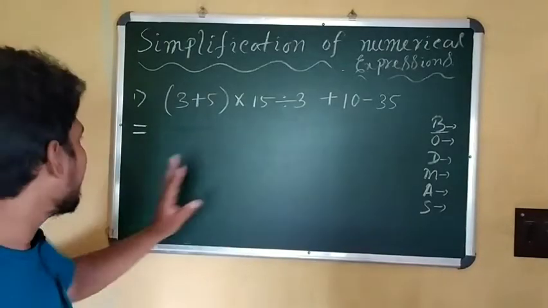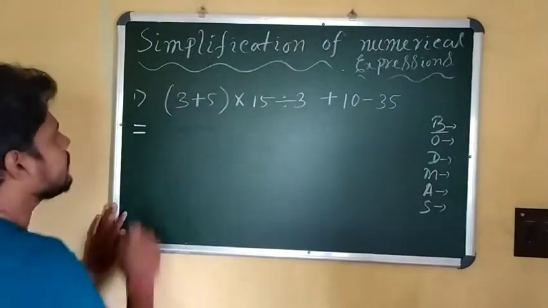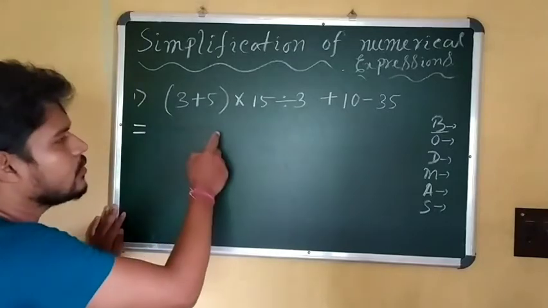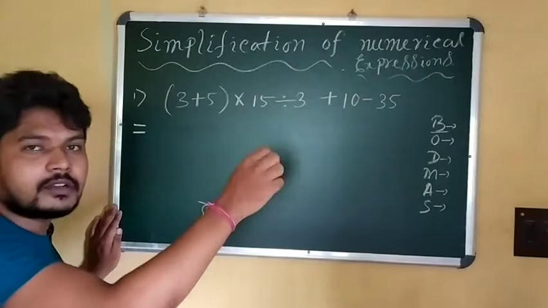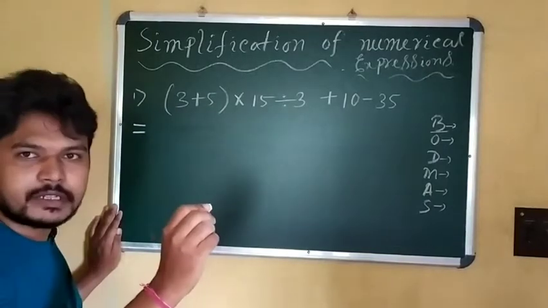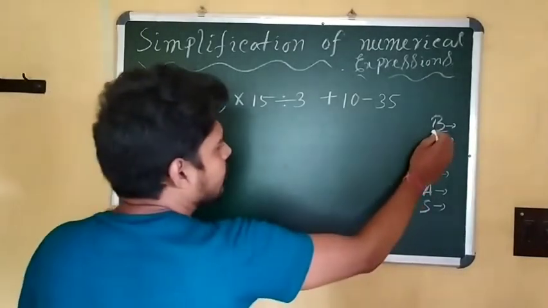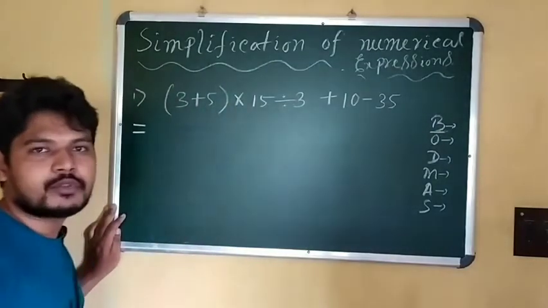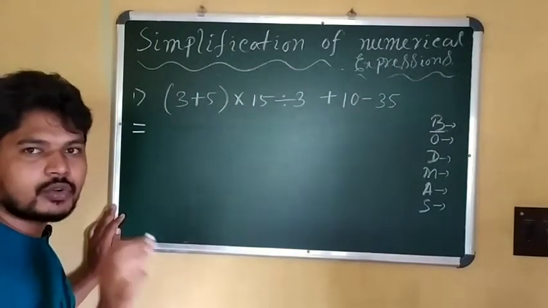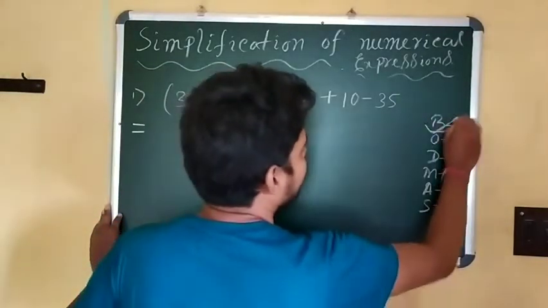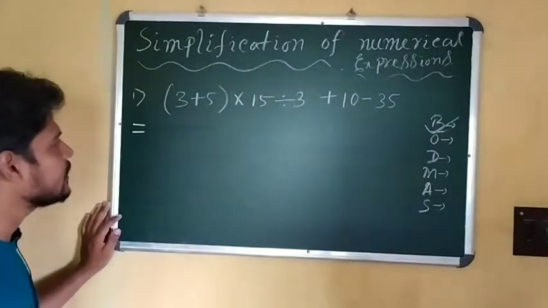Okay. So at first you give the equal sign, then you find out how many operations there are and which types of operation are present there. In the rule, at first we have to solve the bracket operation. So at first you find out if there is any bracket present.